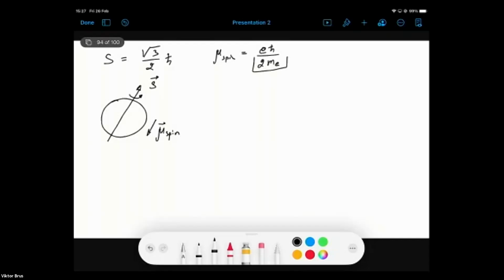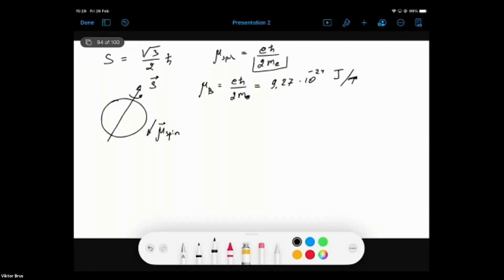Here are 3 constants, and that's why this is used also as a constant parameter called Bohr's magneton, and it's equal to e h-bar over 2 m_e, and it's equal to 9.27 times 10 to the minus 24th Joule over Tesla.